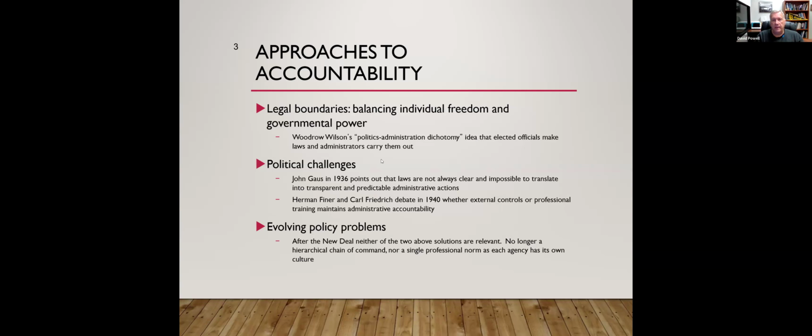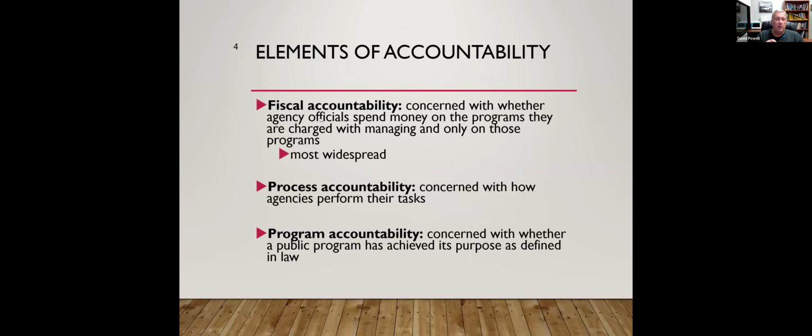But when we are attempting to hold administrators accountable for their actions, the question then becomes, what are we holding them accountable for? And one of the most common ways in which we hold people accountable is through what's called fiscal accountability. This is by far the most widespread way we hold administrators accountable.